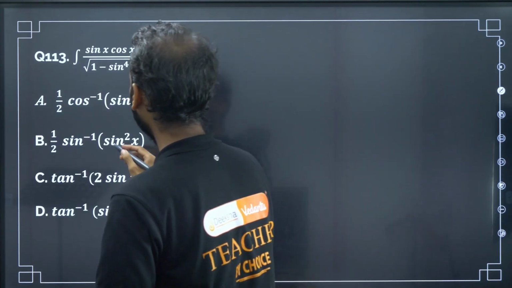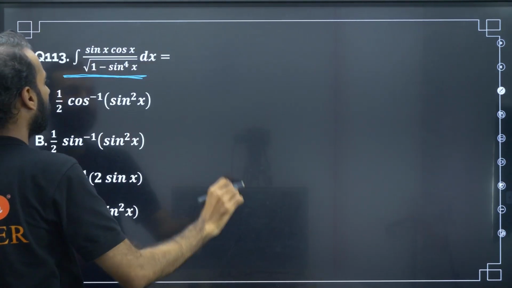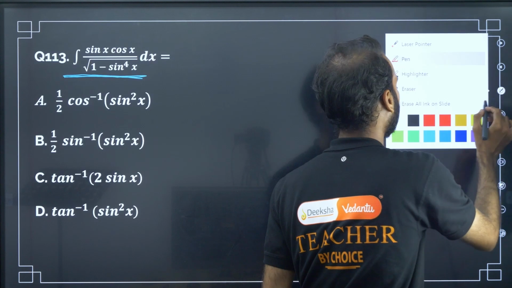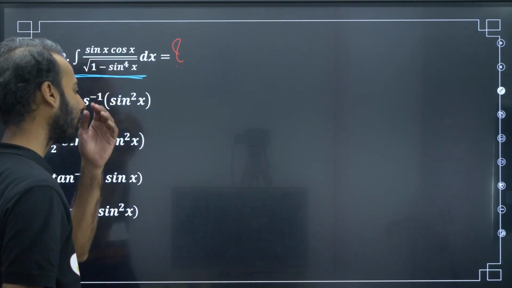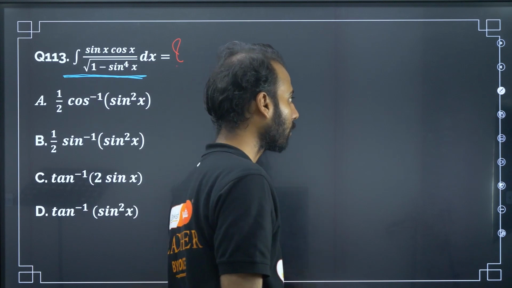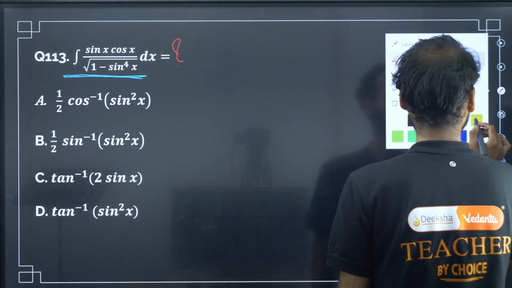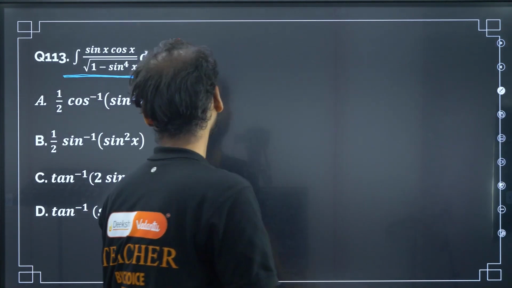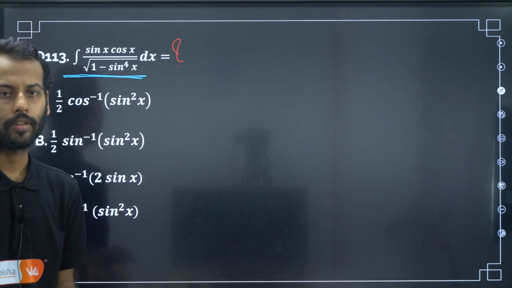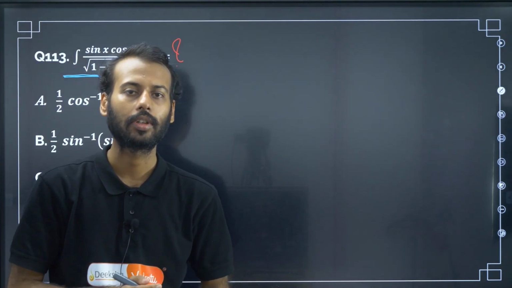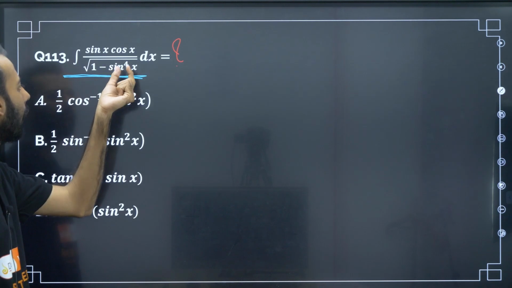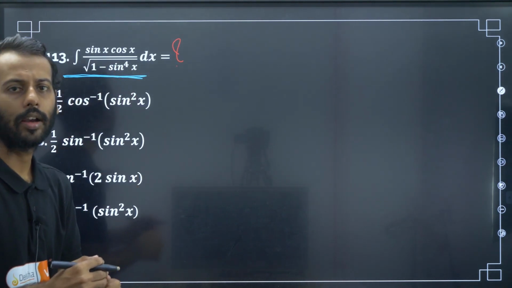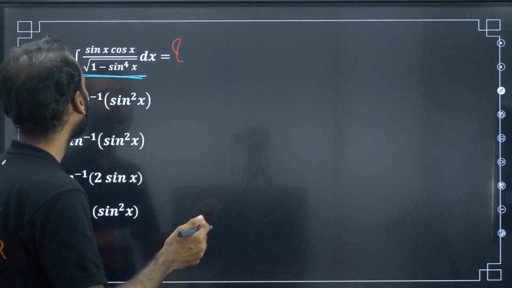So they have given us this and they are asking to integrate this and write the value of this. How to approach this question? There is no direct, ready-made, standard integration of trigonometric functions. If you go through integration of trigonometric functions in NCERT or any JEE content, you won't get this directly, but with some manipulation we can do it.